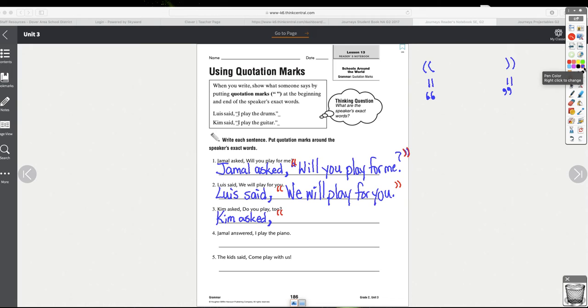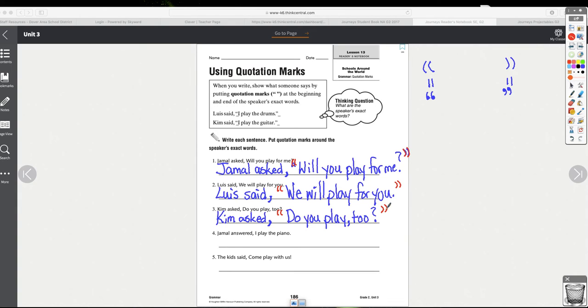Now the word do is going to stay capitalized because it's the beginning of the speaking part. And after the word play, you still need to put that comma in there that they already give you because that's a different kind of punctuation. And we'll talk about that at another time. Now, my closing quotation marks goes after whatever my end mark is, whether it's my question mark.